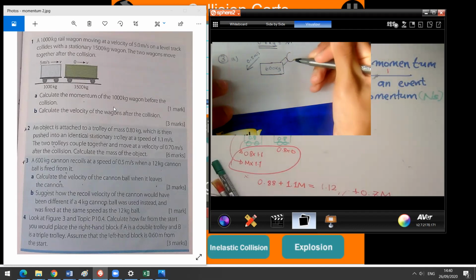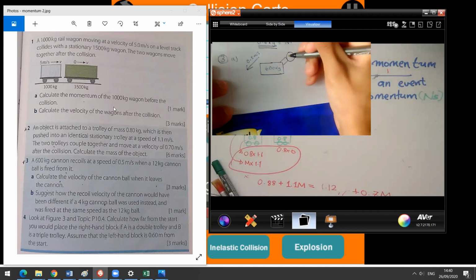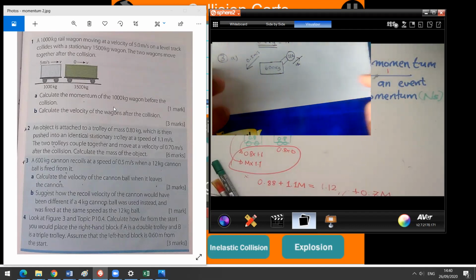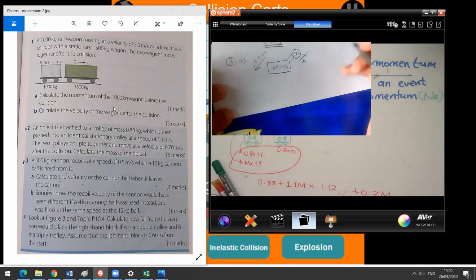This ball is 12 kg, and it's being fired at, what is it, 0.5 meters per second. Not quite. No, sorry. You want to calculate that velocity.